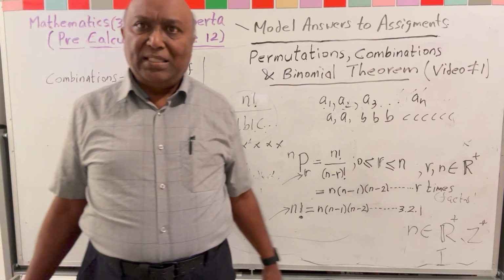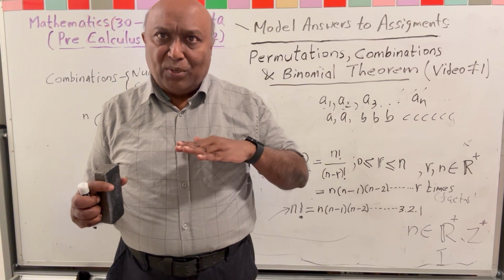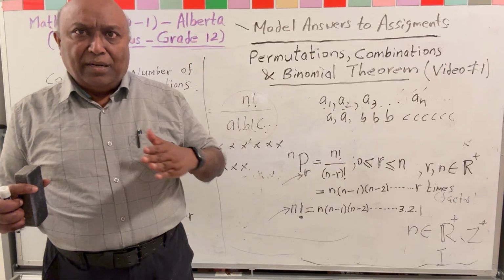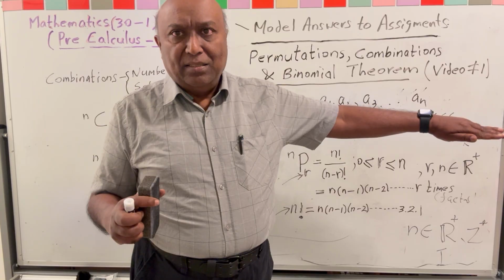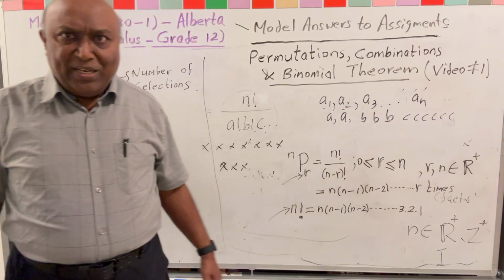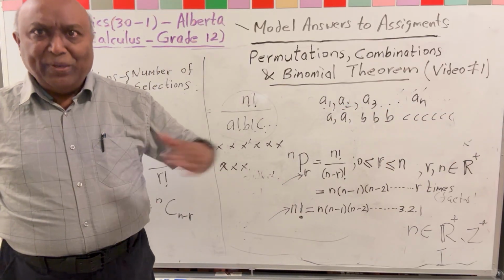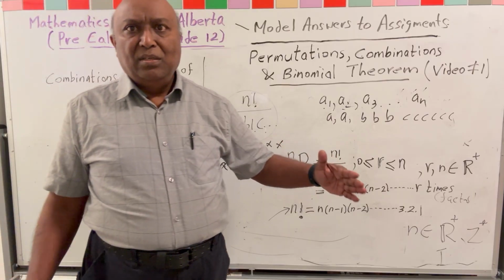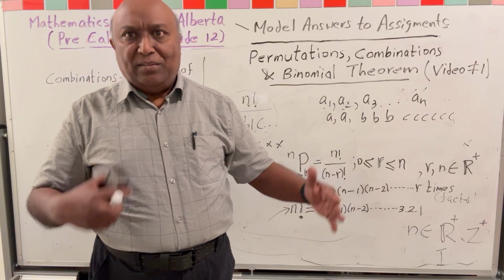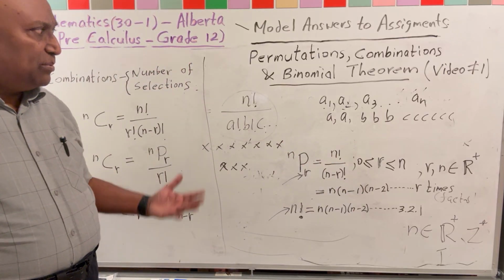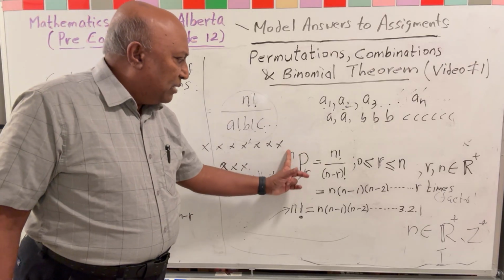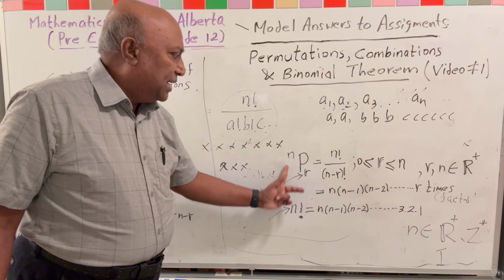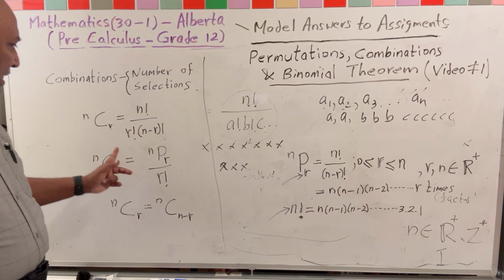Once again, to describe very briefly, permutation is the number of arrangements with the order. Order matters. Combination is the number of groupings only, the number of groups without considering the order. That means the number of permutations is bigger. nPr is bigger than nCr.